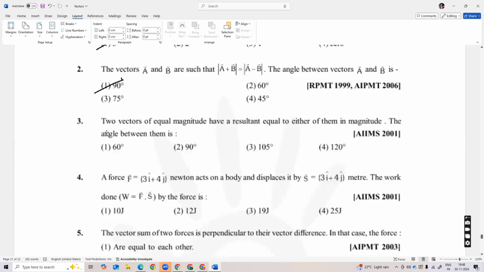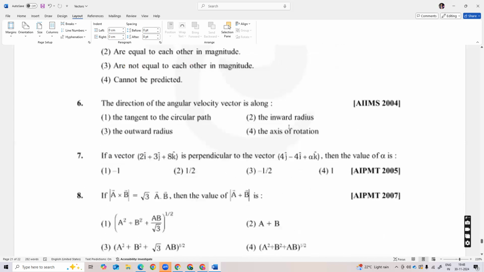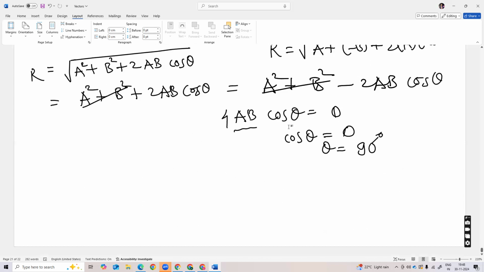So let's say the third is: two vectors of equal magnitude have resultant equal to either of them in magnitude. Find the angle between them. Again, the same formula can give you multiple answers.